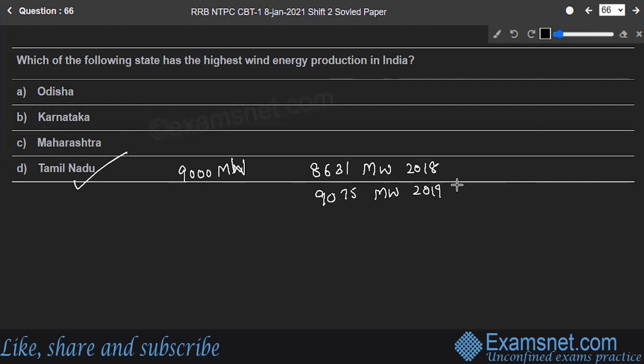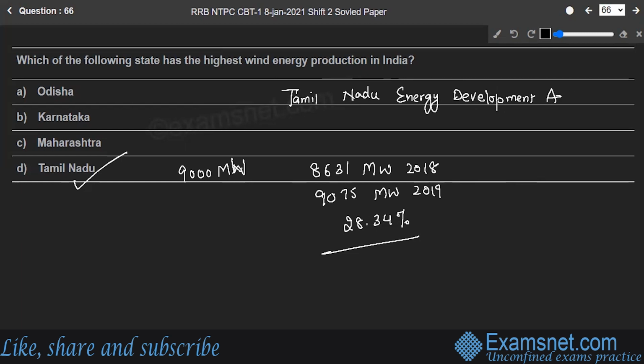Out of the state's total installed capacity for electricity generation, the wind sector contributed nearly 28.34%. The Government of Tamil Nadu realized the importance and need for renewable energy and set up a separate agency as a registered society, which is called the Tamil Nadu Energy Development Agency, that is TEDA, as early as 1985.